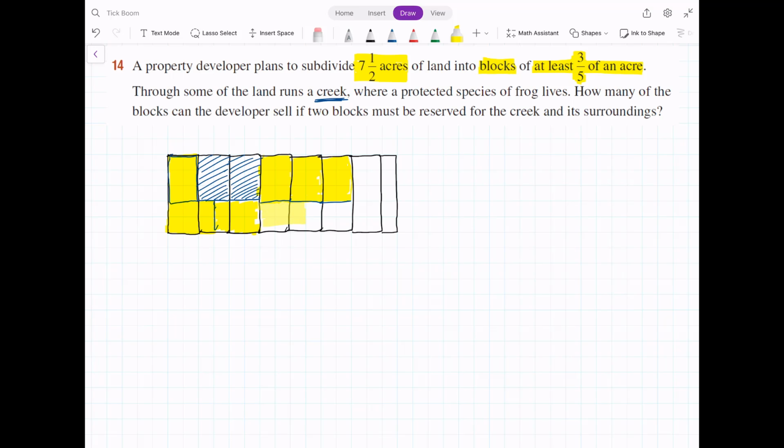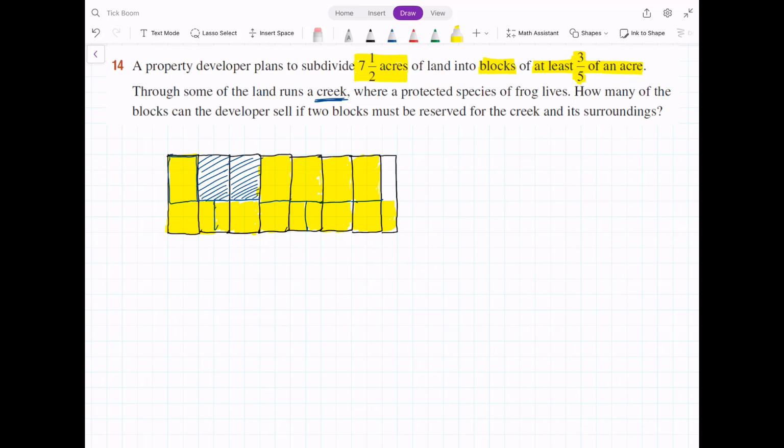Another one here would be 7. Then one here, which would be 8. And then one here, which would be 9. And then we've got enough room here for a 10th one, and then a half one left over, but that half doesn't represent enough for a whole block.